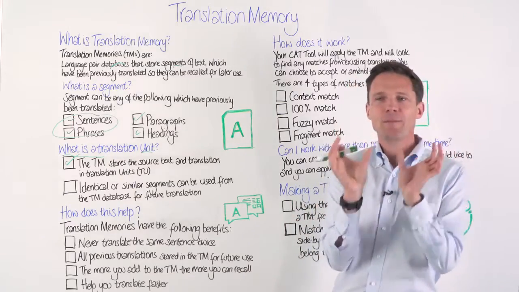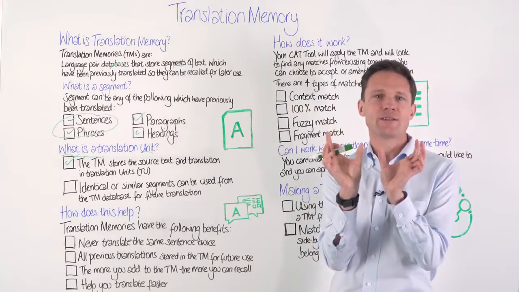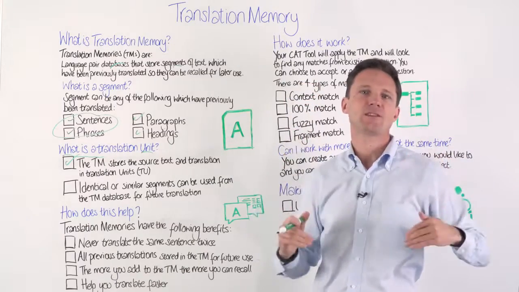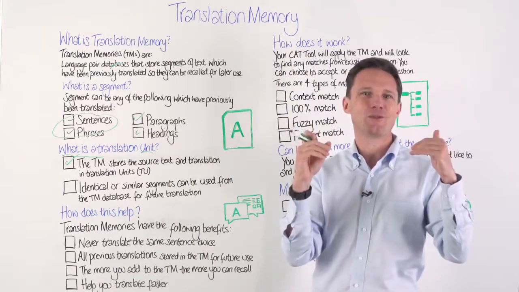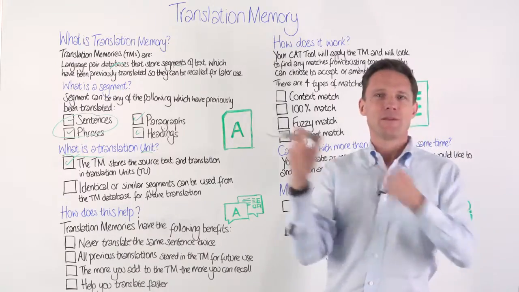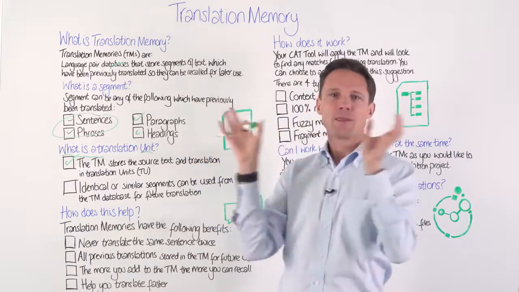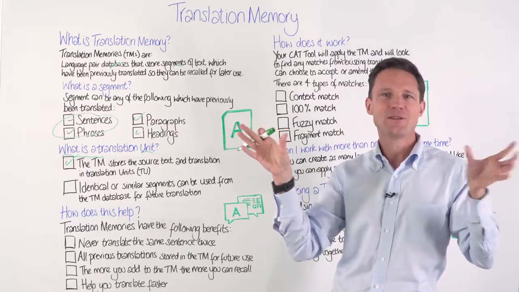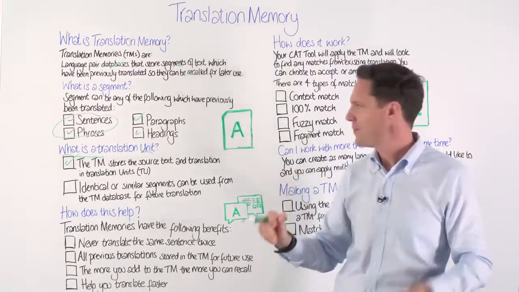So typically if you look at a translation memory, you'll find many translation units, and each translation unit is going to be, for example, "Hello, I'm Massimo. Ciao, sono Massimo." So you have the English and its translation. That's what a translation unit is.